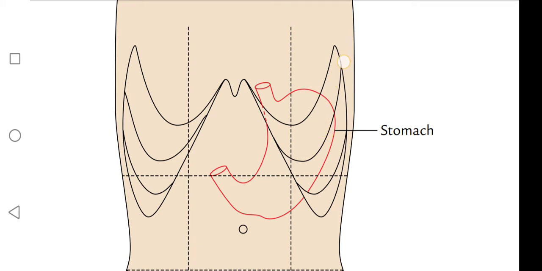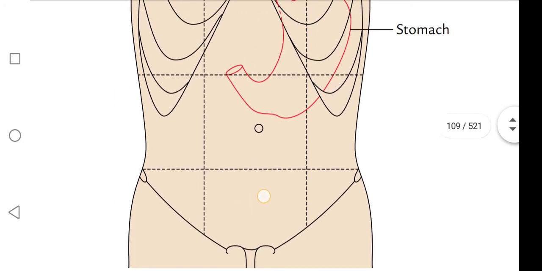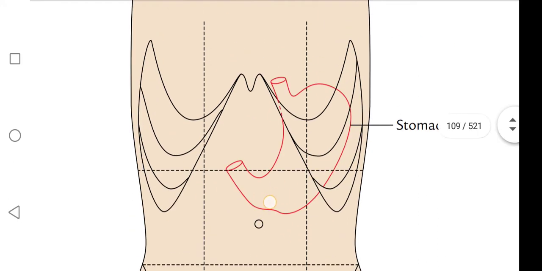This is the left hypochondriac region. This is the right hypochondriac region. This is the umbilical region and this is the epigastric region, and this is the hypogastric region. These are the lumbar regions. These are the regions.